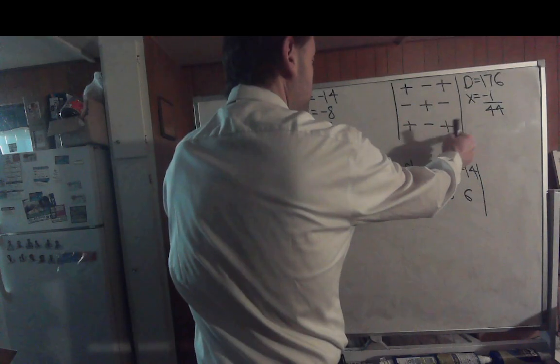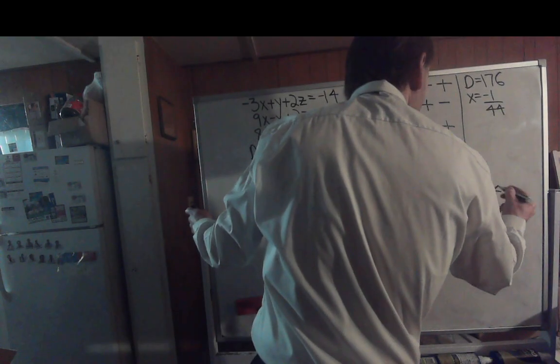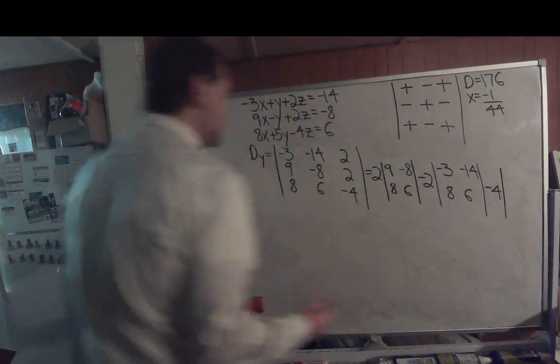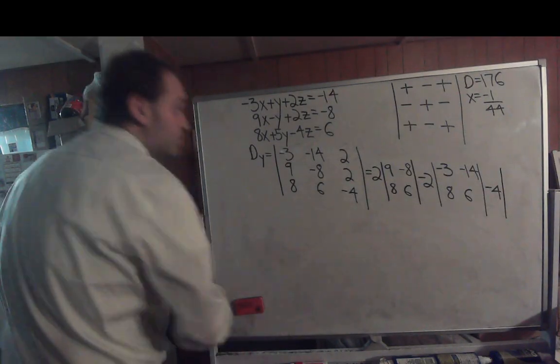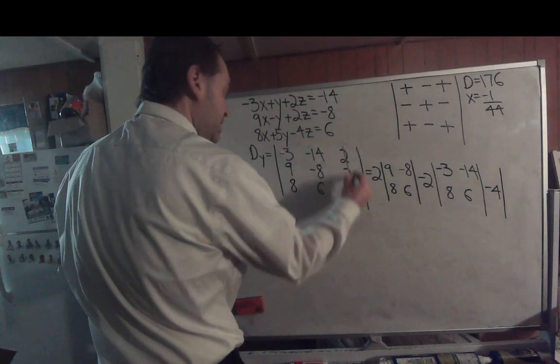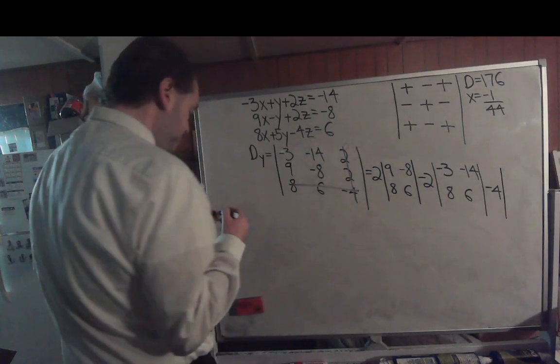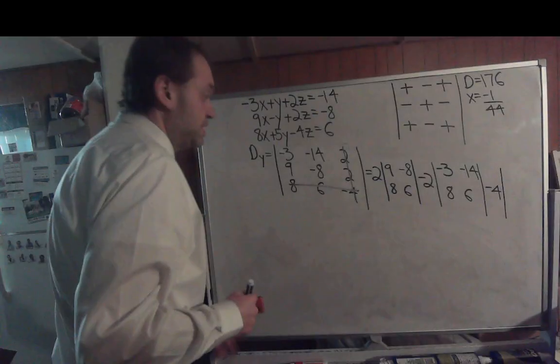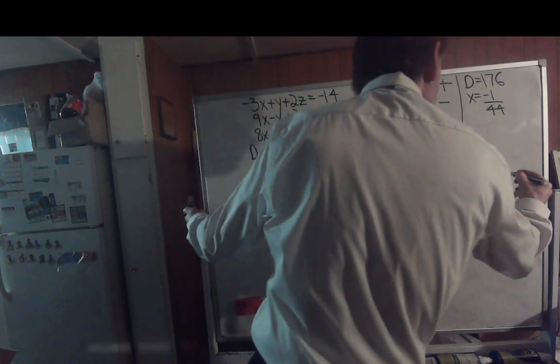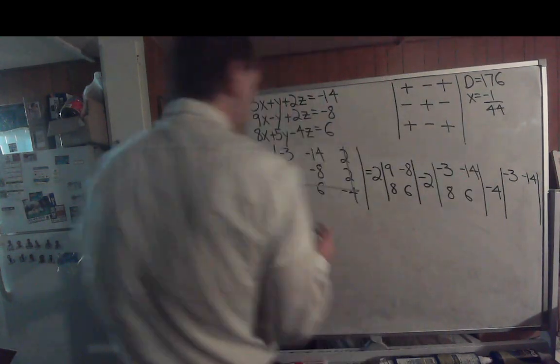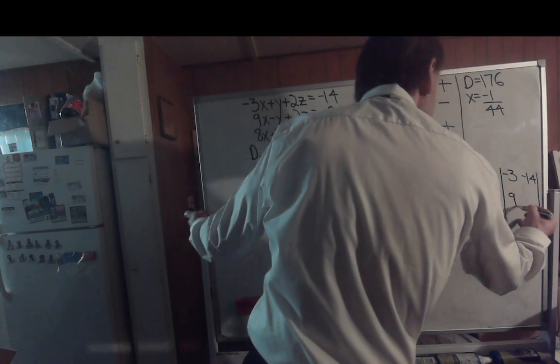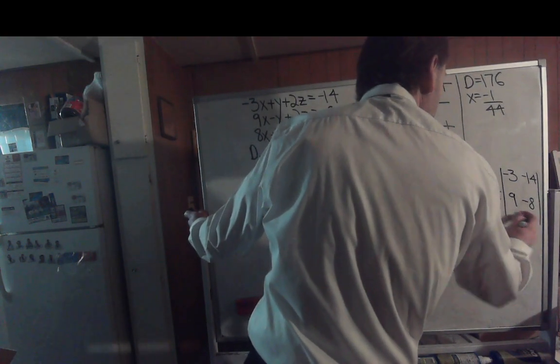According to my coefficient matrix, I need to keep that a negative 4, so that'll be minus 4 times the resulting determinant of when I strike out the third column in the third row. So that's going to end up being the determinant of negative 3, negative 14, and then 9 and negative 8. Alright, so there's my three determinants.